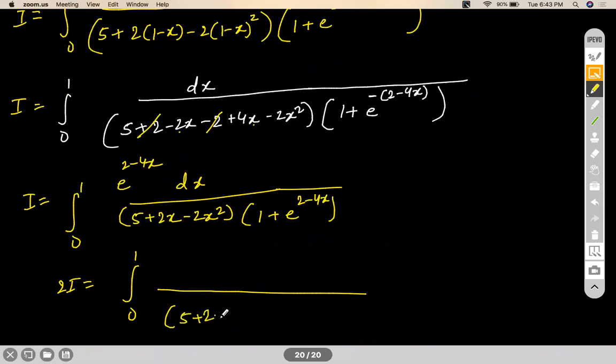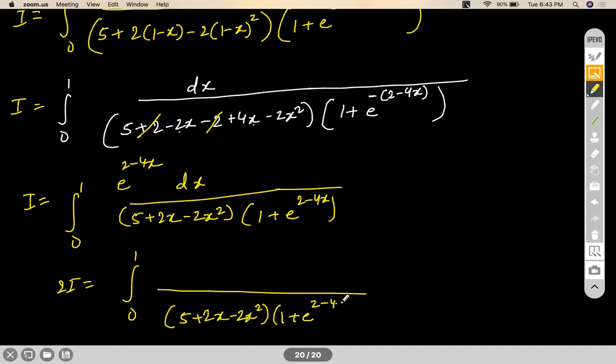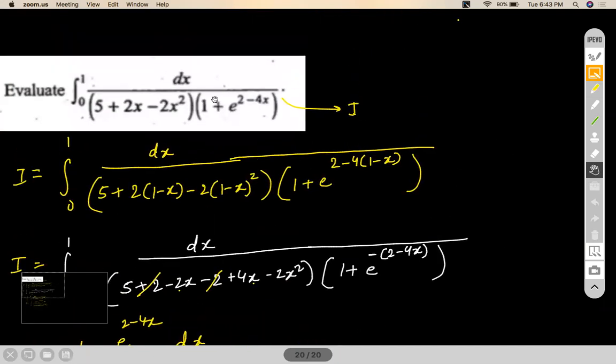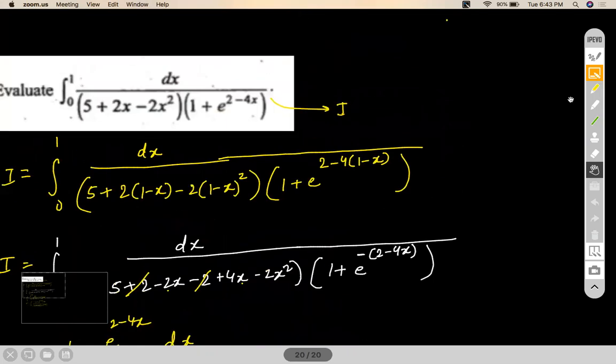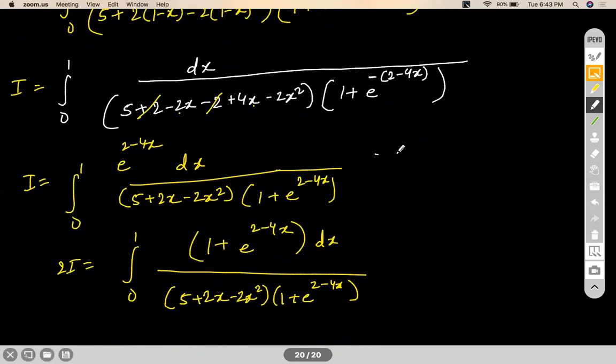So you can take this as your LCM, and numerator will be 1 plus e to the power 2 minus 4x. Please confirm this, because I is here. This I am adding to this I. Okay, so let me call this as 1 and let me call this as 2. So here I am adding 1 plus 2.